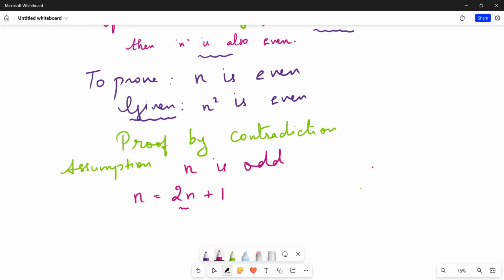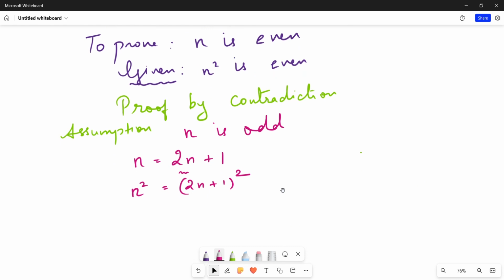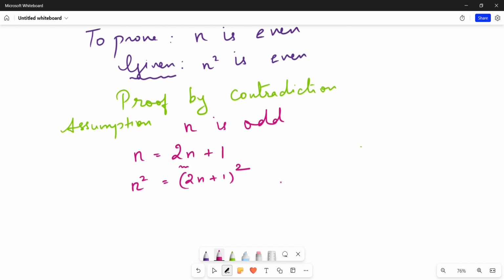So squaring both sides, what do you get? n squared is equal to 2n plus 1, the whole square. Now 2n plus 1 into 2n plus 1 would be n squared is equal to 4n squared plus 4n plus 1. Now look at this expansion carefully.